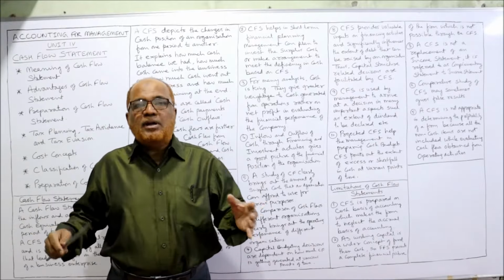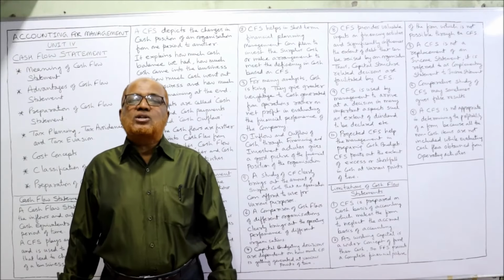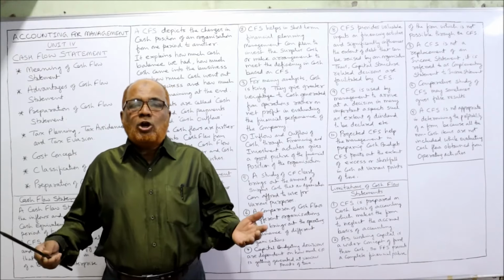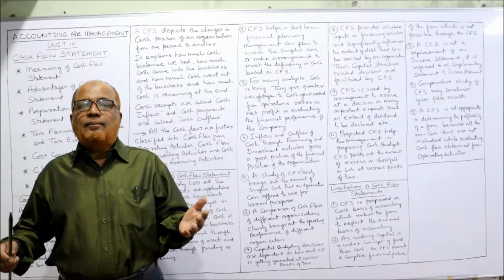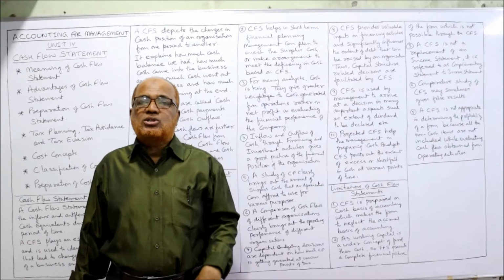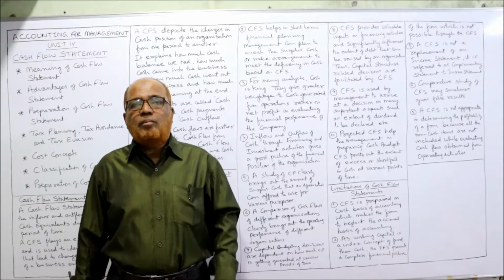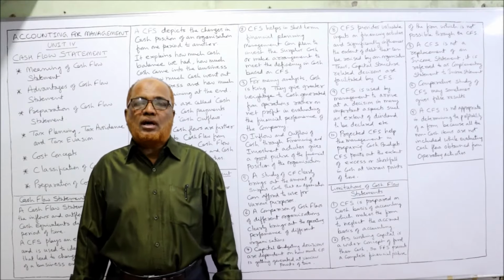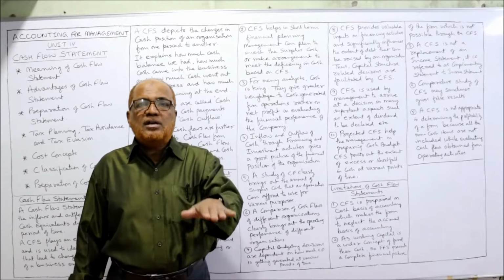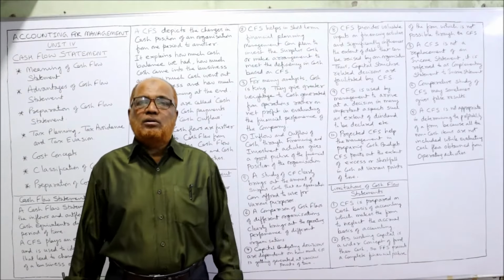The income statement is showing huge profit, but the company is facing cash shortage, liquidity problems. The business cannot pay the liabilities on time because there is a lot of difference between profit and cash. Sometimes huge profit is there, but the business cannot pay the obligations on time. Liquidity problem may be there. Sometimes the profitability is low, but the business is having a sound liquidity position.